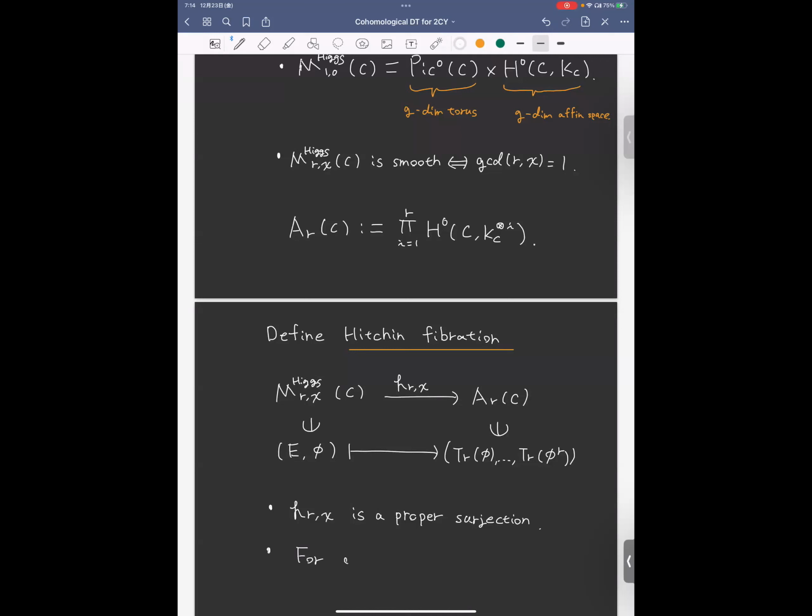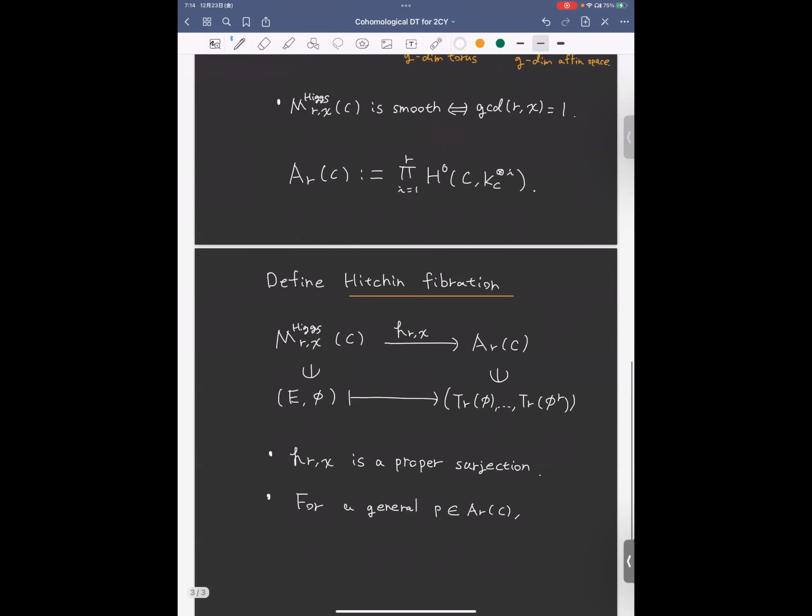So for general p in A_R(C), the fiber is an abelian variety, and more strongly, we can show that it is a self-dual abelian variety.